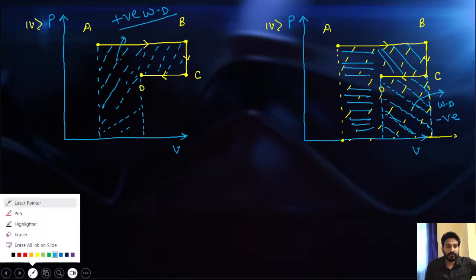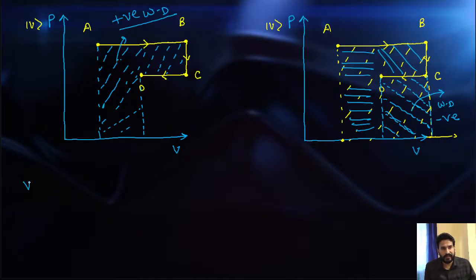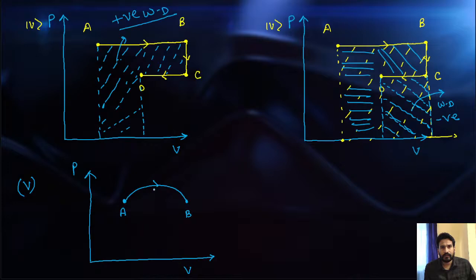Okay. Next, the fifth point, which is also very, very important. If you see this kind of PV graph, and there is a process A to B, first of all A to B, and secondly from B to A. What is the work done, guys? Is it positive or negative?